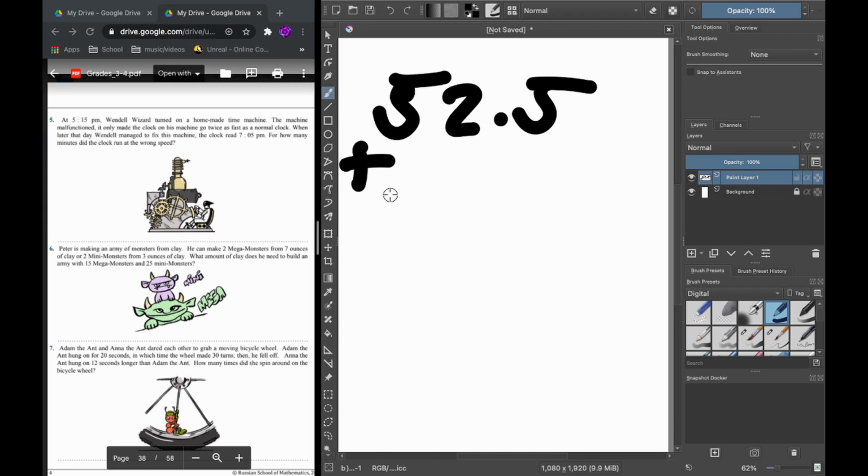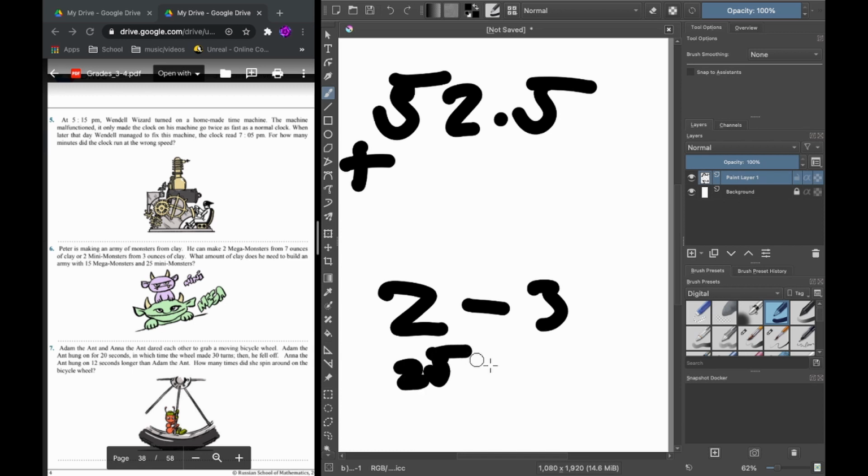Now we're going to add a decimal actually. He got 2 mini monsters with 3 ounces of clay. And how many for 25? This might be really thick, so I'm going to change it.